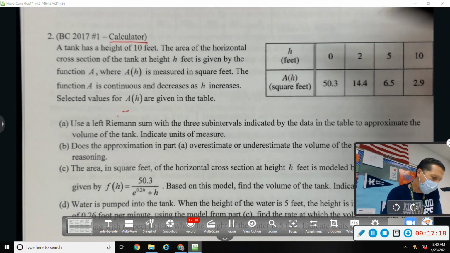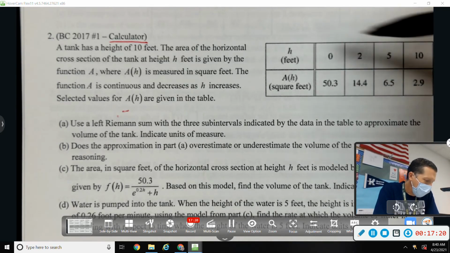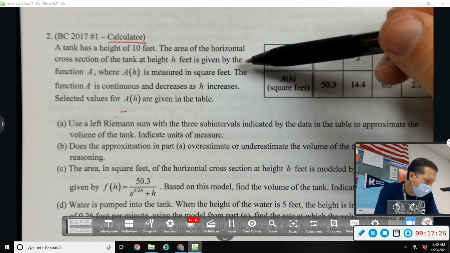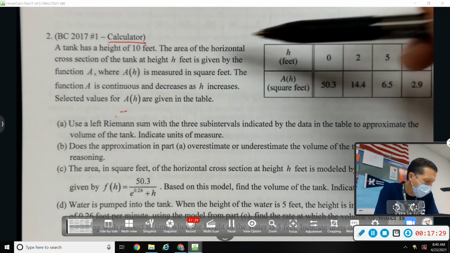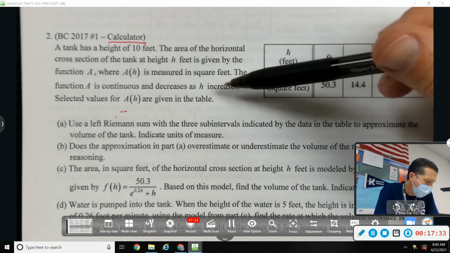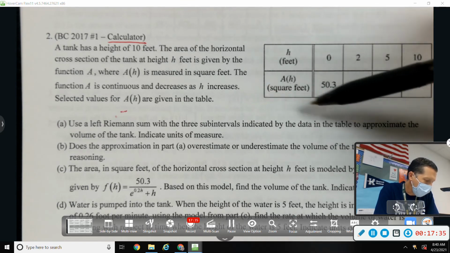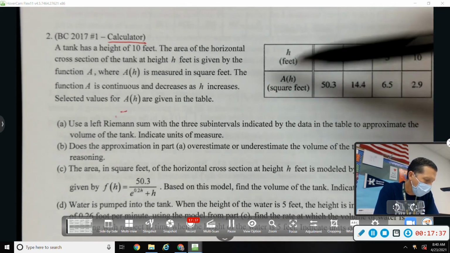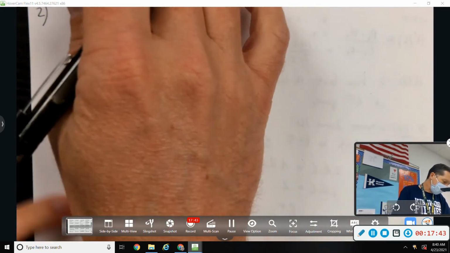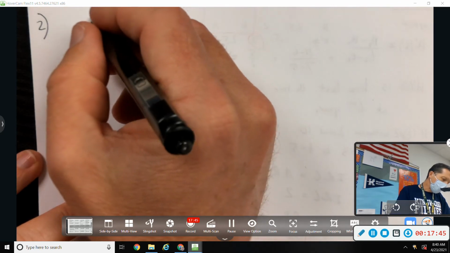Let's see. A tank has a height of 10 feet. The area of the horizontal cross-section of the tank at height h is given by the function a, where a is measured in square feet. The function a is continuous and decreases as h increases. Selected values for a are given in the table. So I've got some kind of tank that gets smaller as we go up.